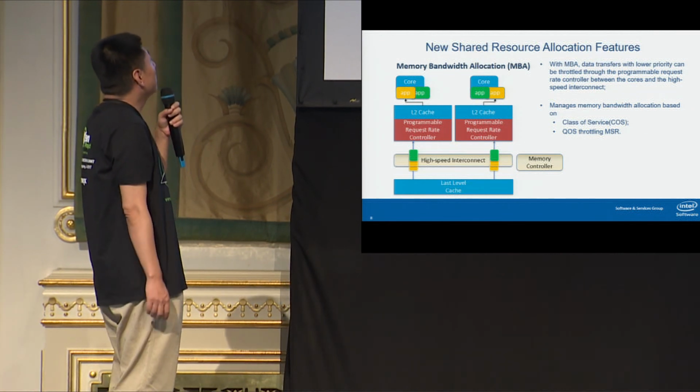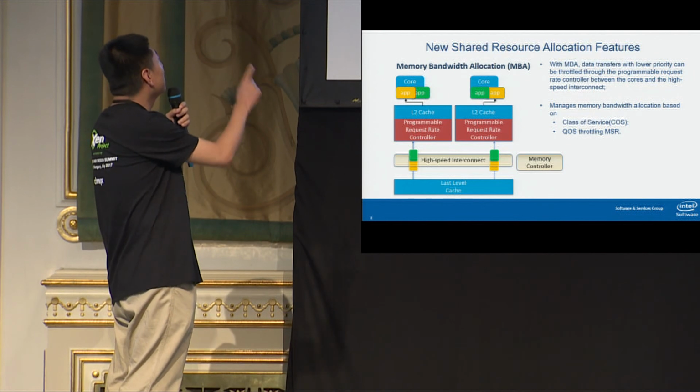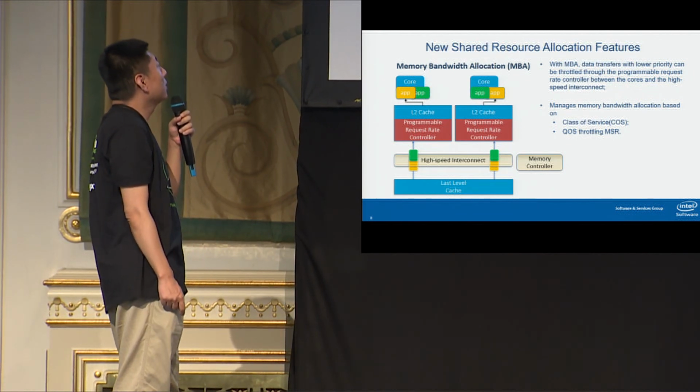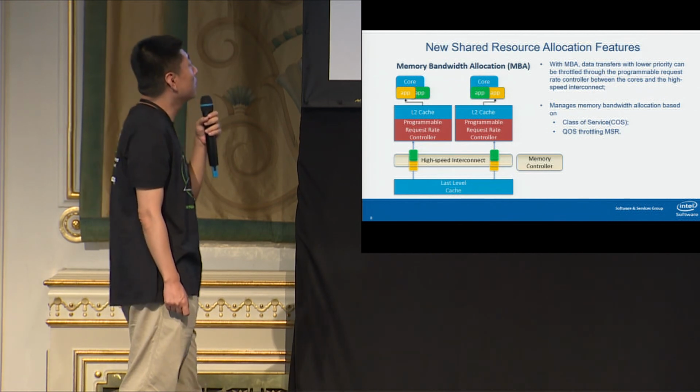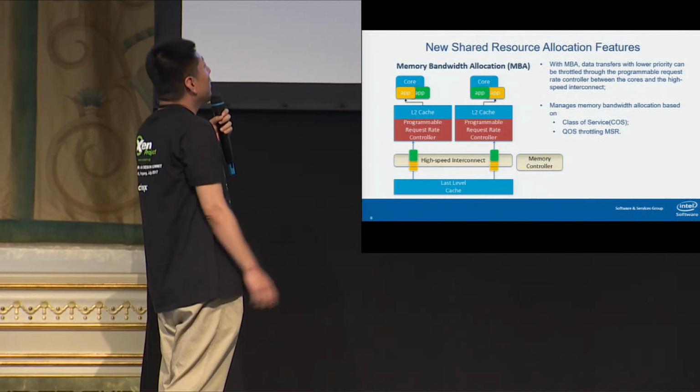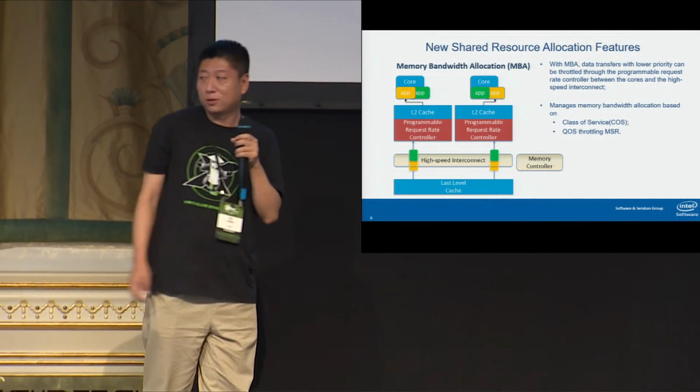You can see it's also between the L2 cache and the high-speed interconnect. And on some platforms where the L2 cache is also the last level cache, it's between the L2 cache and the memory controller.